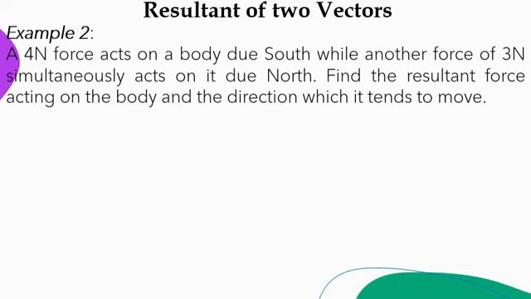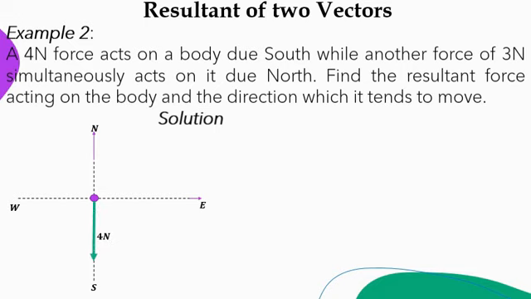Like we said, the first thing is to sketch our cardinal point, and then let's assume that this is the point of action where the body is. The first line of the question says that a 4 Newton force acts due south. Then another force of 3 Newton acts on it due north. Now, can you try to state what the resultant force will be?